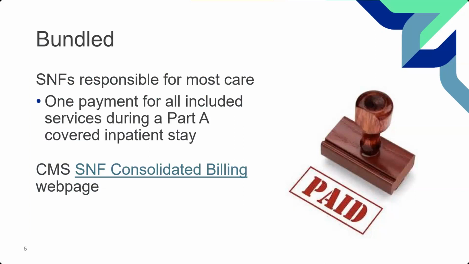If this is a swing bed skilled nursing facility service, now, a swing bed is simply a hospital bed that is being used as a skilled nursing bed. Swing bed could be used as a hospital bed, but today it's being used as a skilled nursing bed. Then yes, consolidated billing does apply.